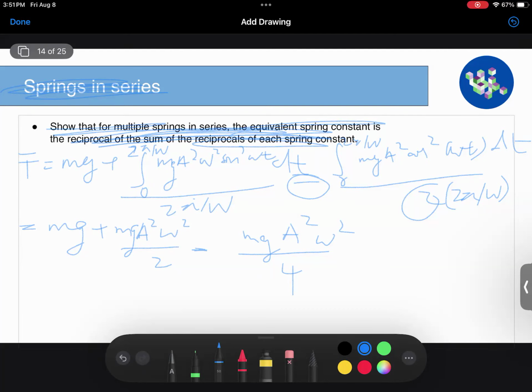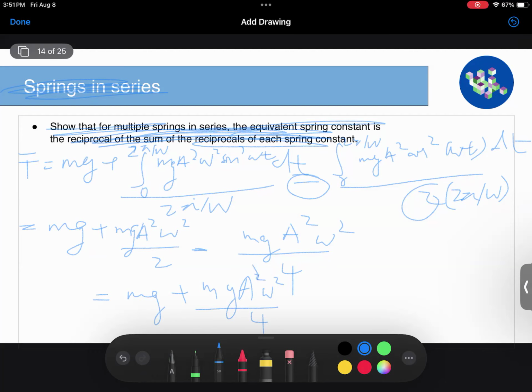So our final answer, I believe, should be equal to mg plus mg a squared omega squared over 4. The dimensions still aren't correct, but I think it's fine.